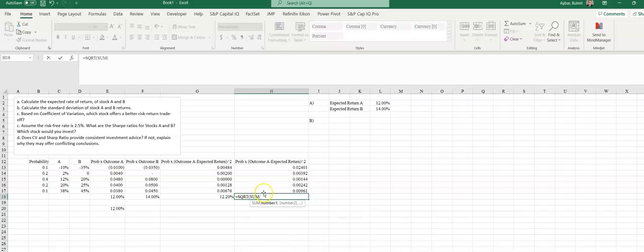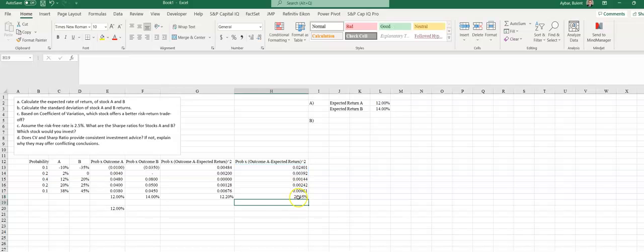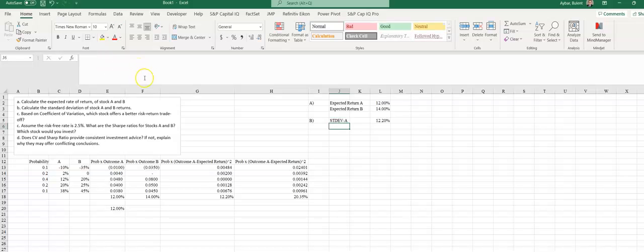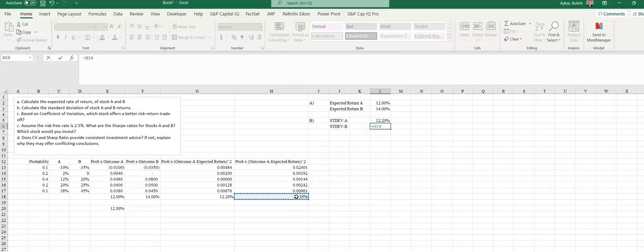Sum of all of these things that are here. So I got 20.35%. So standard deviation of asset A is right here, 12.20%, and standard deviation of asset B is going to be what I calculated here, 20.35%.